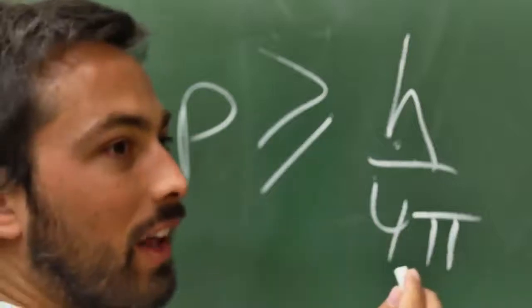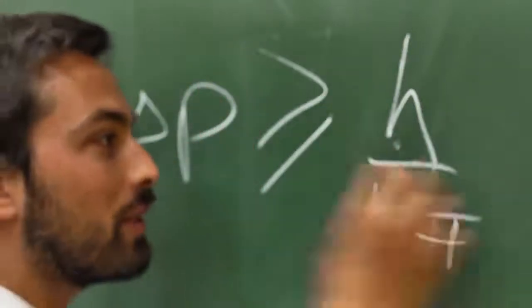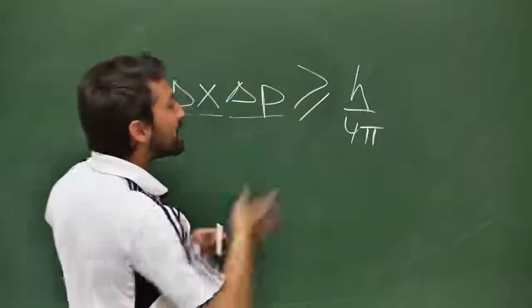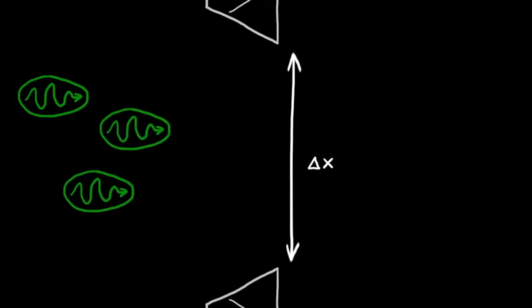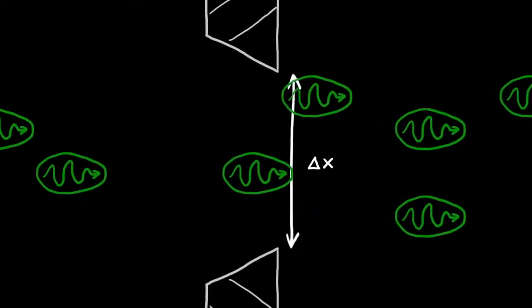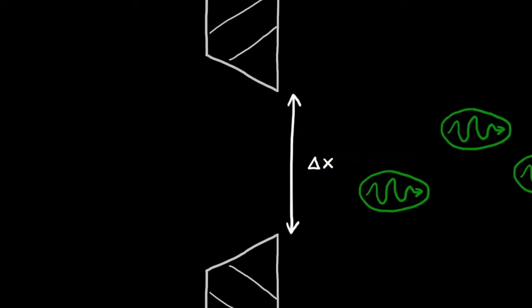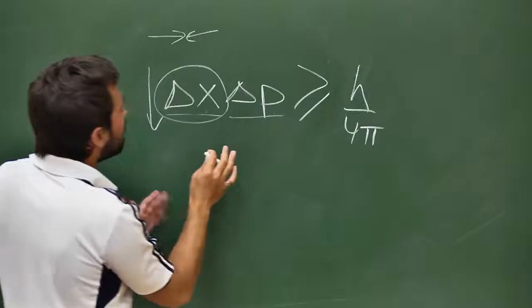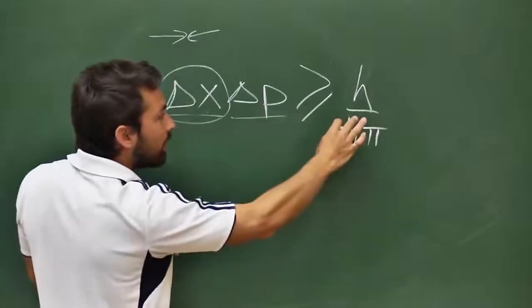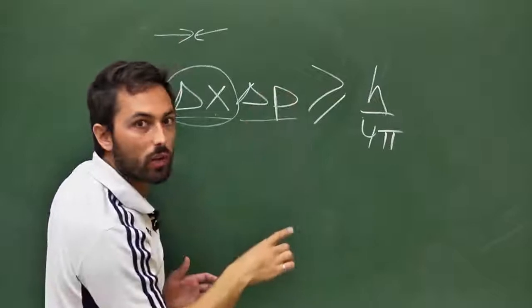So in our everyday lives, we don't come up against this uncertainty relation because everything is much, much bigger than h. But as we narrowed the slit, we were decreasing delta x for those photons. So we were getting more and more precise about where the photons were passing through that slit. And at a certain point, you come to this limit, so that if you narrow this any further, you're going to break this uncertainty relationship.